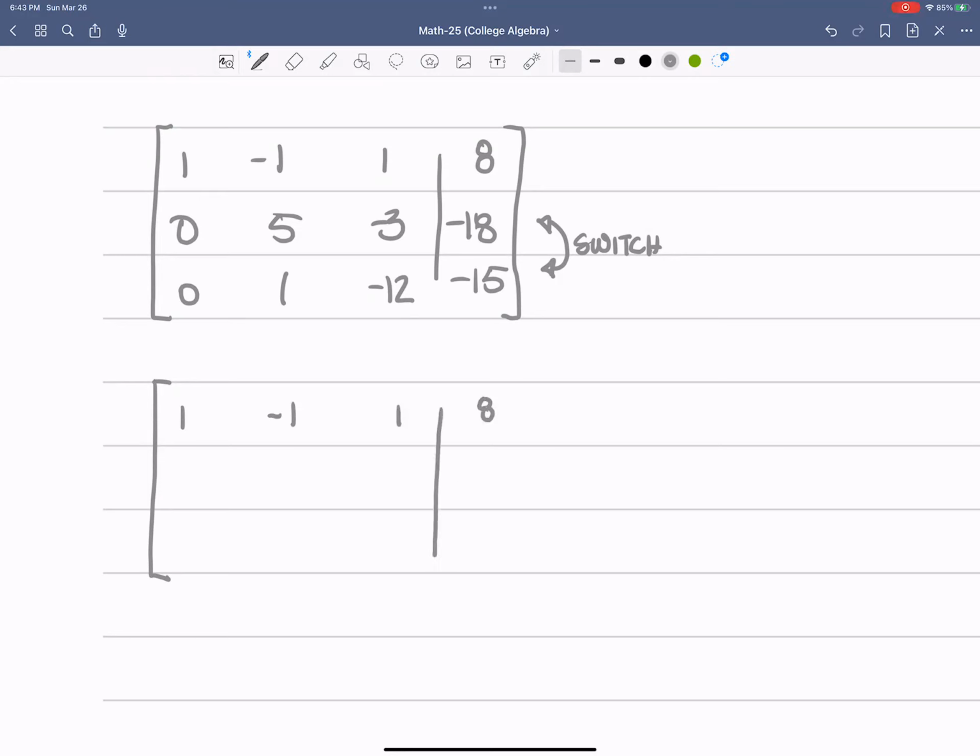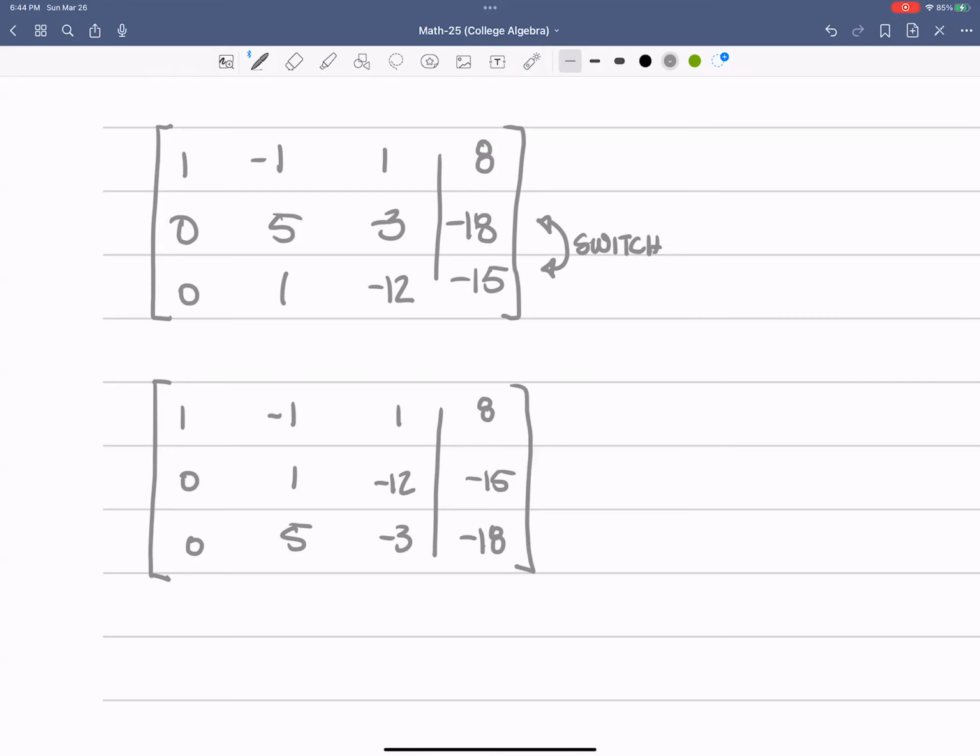We're switching row 2 and 3. So row 3, which is now row 2, 0, 1, -12, -15. And the new row 3, 0, 5, -3, -18.